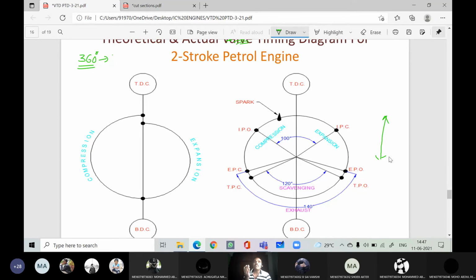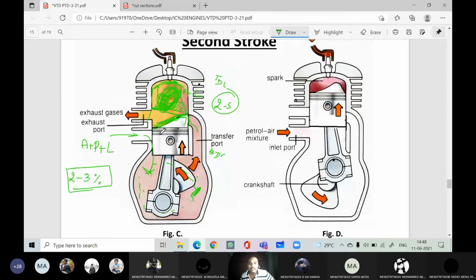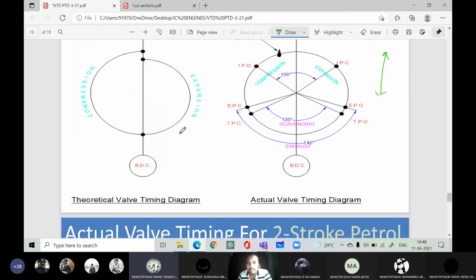Observe carefully. When the piston is moving from TDC to BDC, first it will close the transfer port, then it will close the exhaust port. Right. Mute your mic.